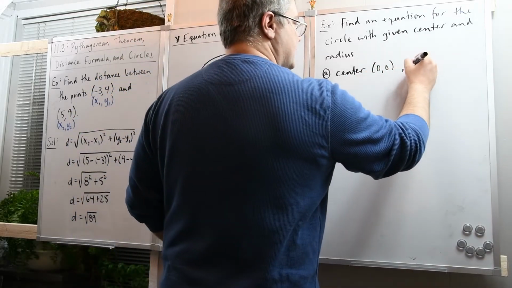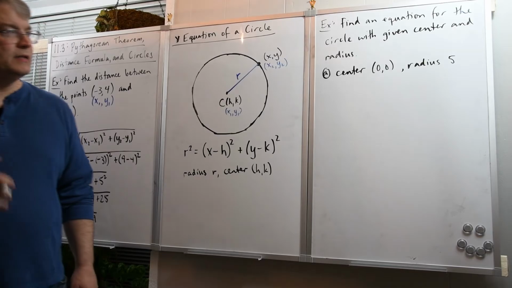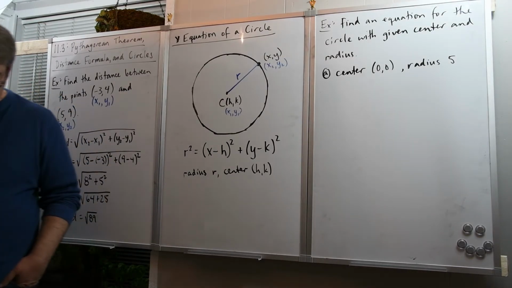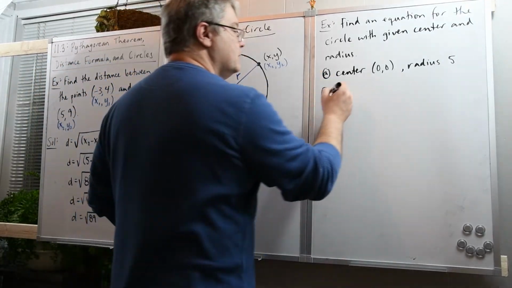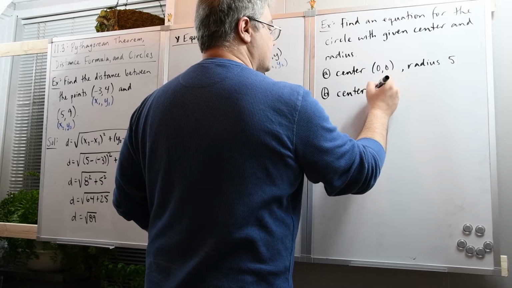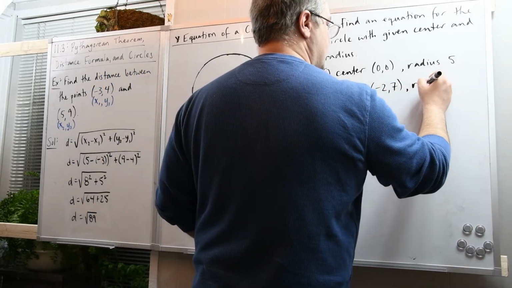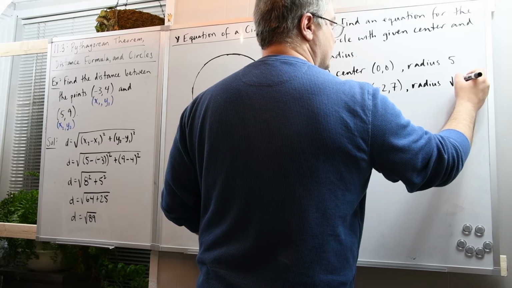And then maybe the radius is going to be 5. Okay, so center is at the origin once again, and the radius is 5. Of course, we could also have center not at the origin. So maybe the center is at -2, 7. And maybe the radius is square root of 34.